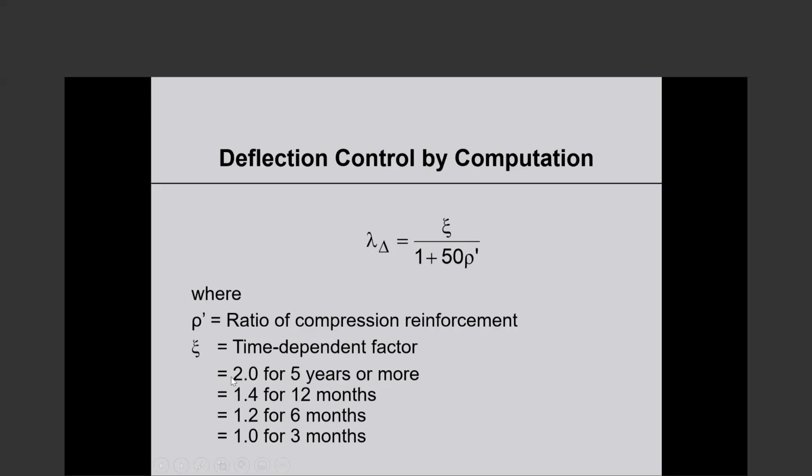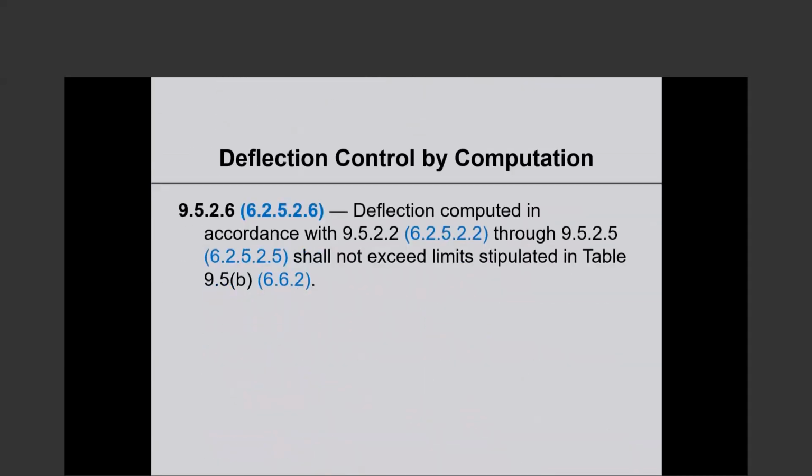Now, large as it seems, most knowledgeable people think it's totally inadequate, that the actual deflections after 5 years would be much more than twice the immediate deflections. But this is what ACI 318 tells you, and this is what you go with.